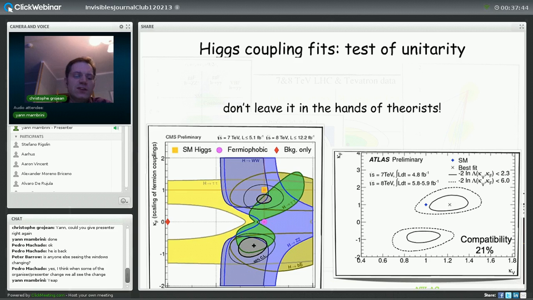But of course, even within these cuts, you still have a lot of contamination between the various production modes, and the exact composition is still something that the experimentalists keep secret and don't report openly. So it's difficult to really perform a fully consistent analysis. Nonetheless, you can check on this plot that all these details don't matter a lot, and you basically agree with the various contour lines that you can obtain in this chi-squared fit.